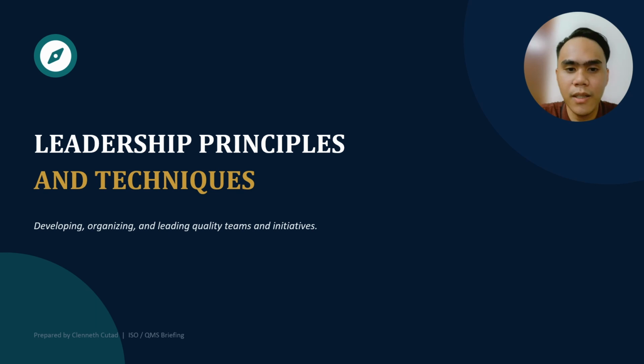So here's the roadmap for this video. First, we'll look at what leadership theory tells us and leadership's actual role in quality, including Maslow's hierarchy of needs as a tool for understanding what motivates people.